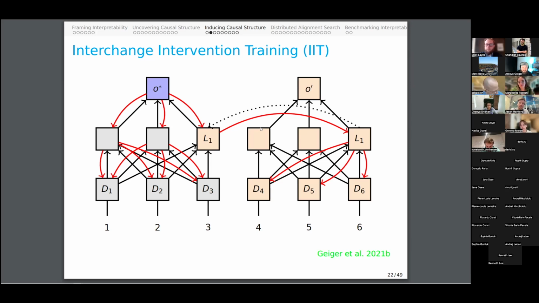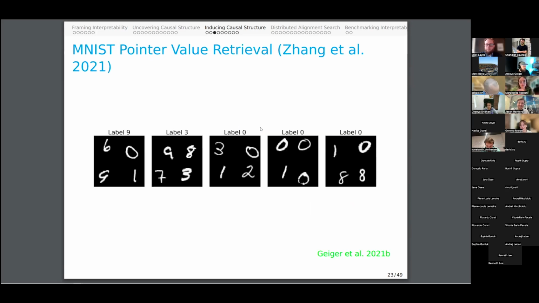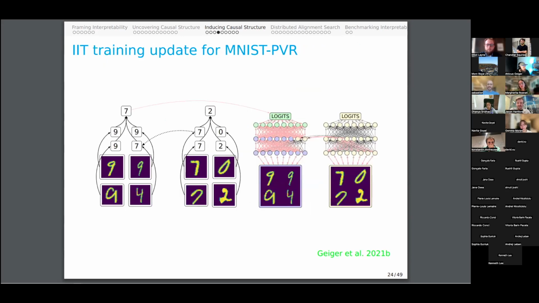I'll just walk through a couple of random highlights, again not explaining that much about what it's actually doing. Here is a task that someone created that uses 4 MNIST images, just handwriting samples, and the task is that the top left image, whatever value it is, tells you which of the other 3 images is the correct label. So it's a very simple symbolic structure for solving this task. We do interchange intervention training updates to solve this task under a very difficult generalization split.